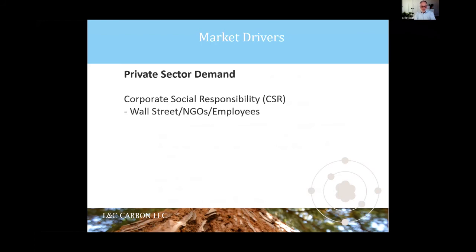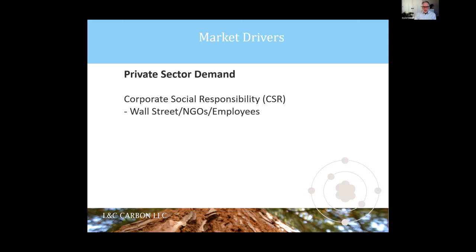And when you look at the private sector, there are a couple of drivers which are driving demand. There's what we've referred to in the past as corporate social responsibility, or now there's a governance element associated with this as well.